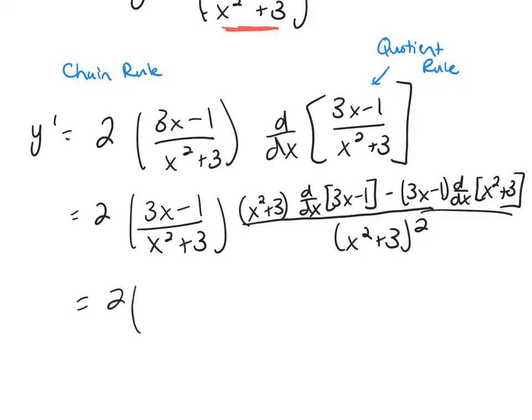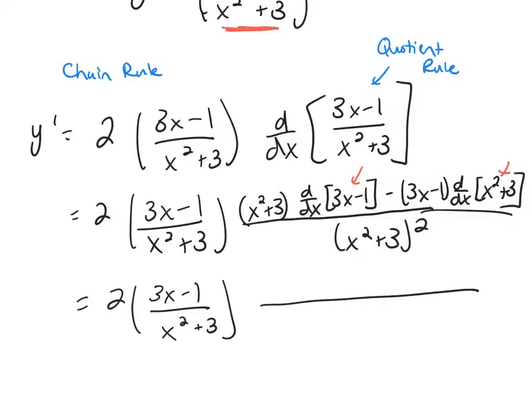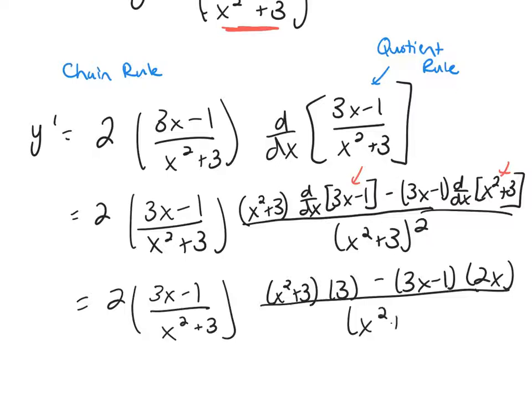And then I need to compute some more derivatives, but those are just power rule derivatives. So you get (x squared plus 3) times 3 minus (3x minus 1) times 2x, over (x squared plus 3) squared.